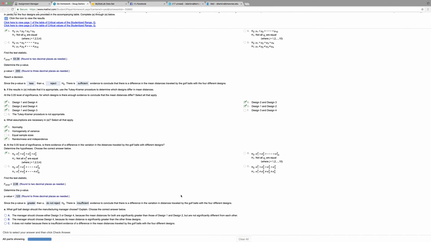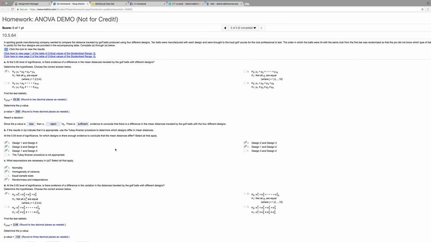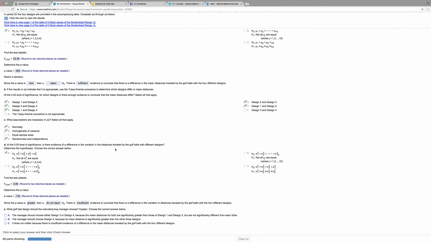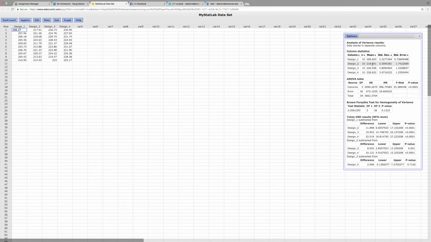I'll get over it. So what golf ball design should the manufacturer choose? I go back to the comparisons: 1 and 4, 2 and 4, 1 and 3. I'm going to go back to the sample means, and it looks to me that either design 3 or 4 would be my choice.